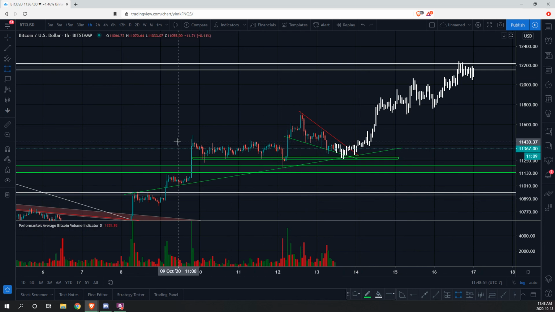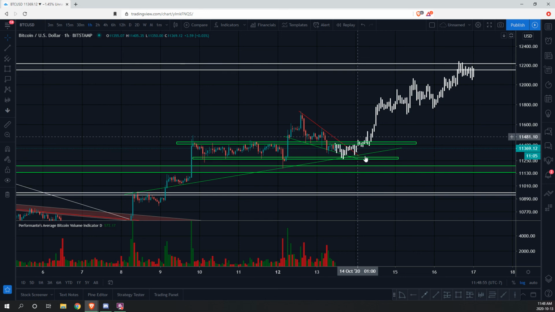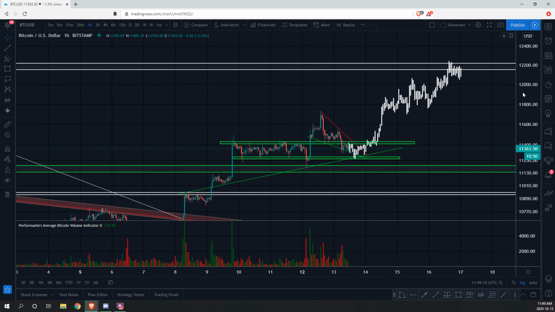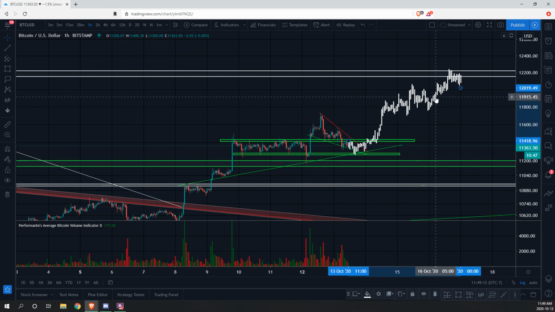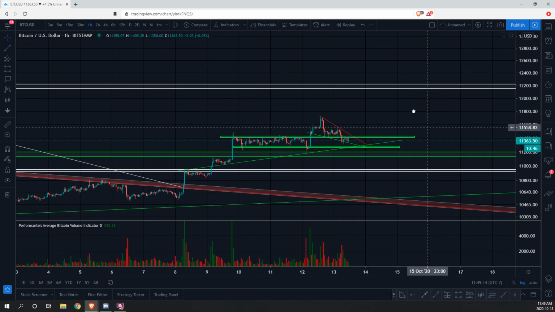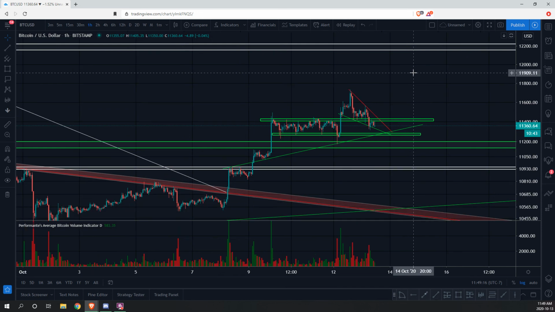You're going to get a series of failures to break above a certain level and then below a certain level, creating a nice tight zone and a squeeze in volatility. And you're going to get that first impulsive push that's going to bring you over a major level of significance. And once it validates for a new level of support, you could look for potential opportunities to carry the momentum to the upside. So that's going to be the overall analysis on BTC, looking from a large time frame all the way down to the 1 hour chart.